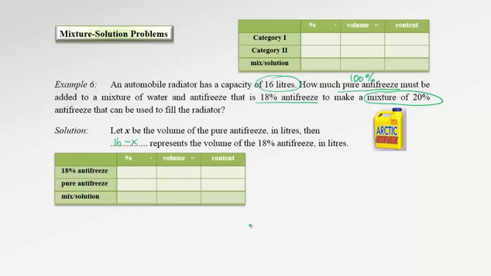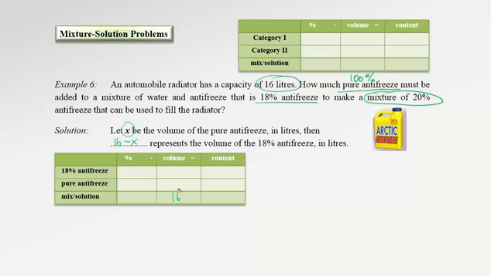Okay, let's put together all our information in the table. Percent times the volume equals content. We are mixing 18% antifreeze with pure antifreeze. What do we know? The overall solution has 16 liters, so that will be the volume. We are placing 16 liters in this box. Okay, now the pure antifreeze that we are going to use is the unknown.